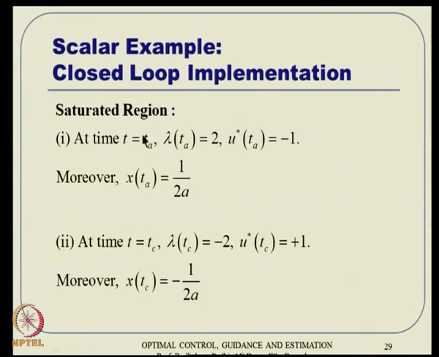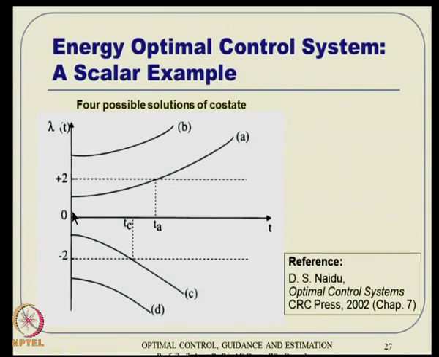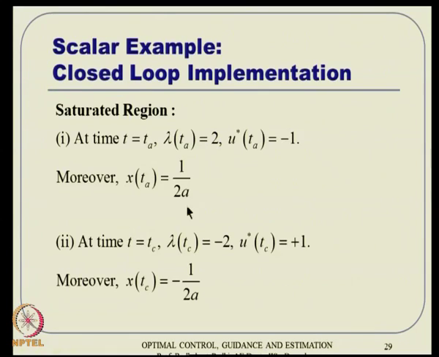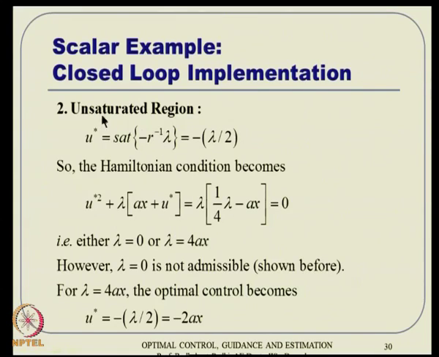At time t equal to Ta, lambda of Ta happens to be 2 and u star happens to be minus 1. We plug it back into this expression, and if you plug it in, you get 1 over 2. Similarly, at t equal to Tc, lambda of Tc is minus 2, the other case, and we get a value for x of Tc. In the unsaturated region, u star is the saturation function of this quantity.